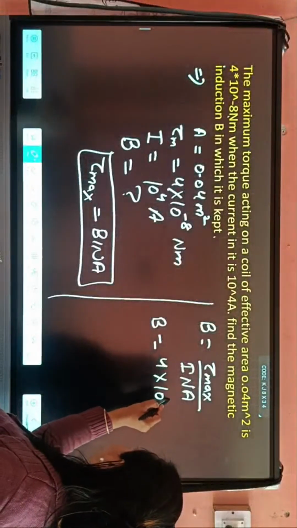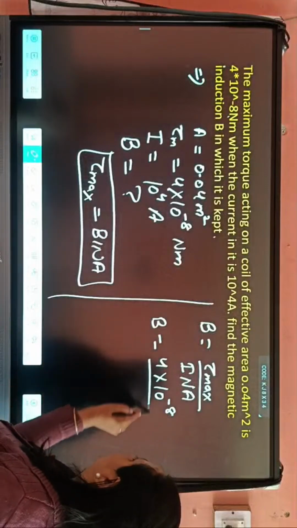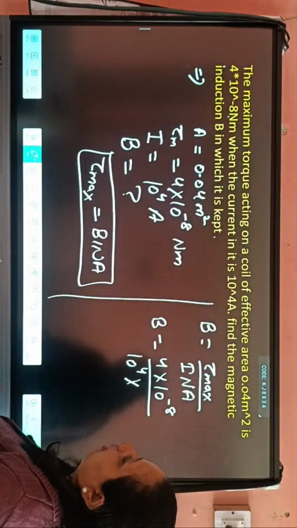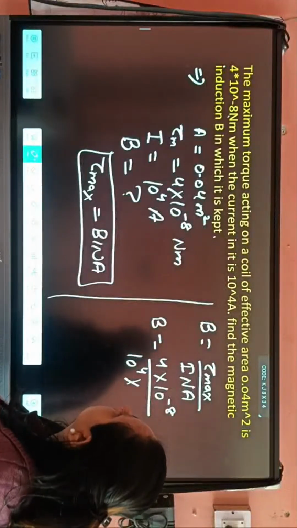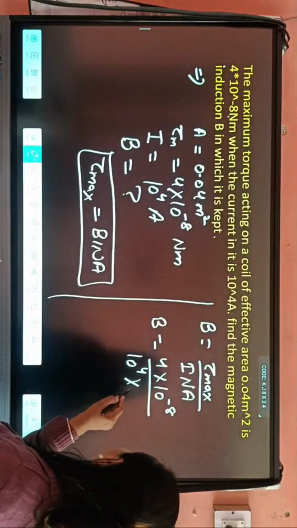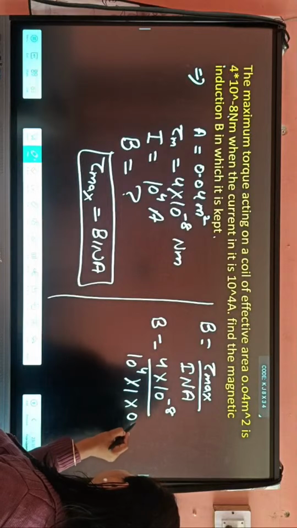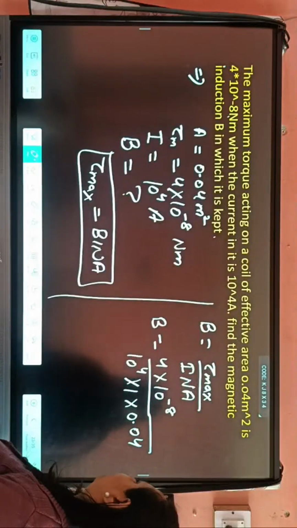Put all the values. 4 into 10 raised to the power minus 8 upon 10 raised to the power 4, that is the current. N is not given, that means we take it as 1. And area is 0.04.